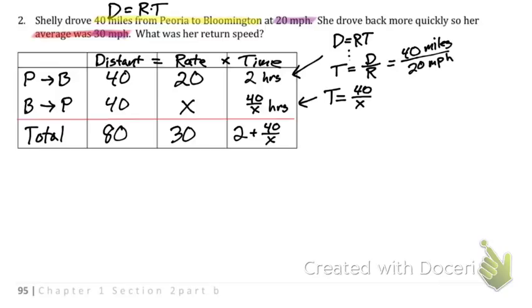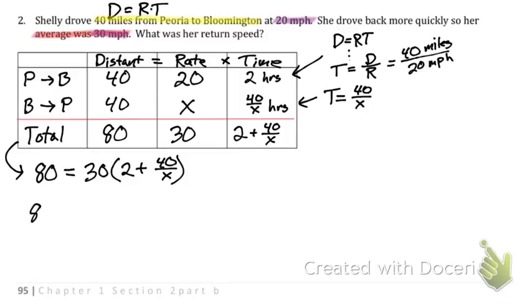So we are going to take that last one and rewrite it either to the right or down below. I don't care. We have plenty of room on both sides. So I'm going to have 80 equals 30 times 2 plus 40 divided by x. Once I solve for x, I'll be able to find all those missing bits of information.